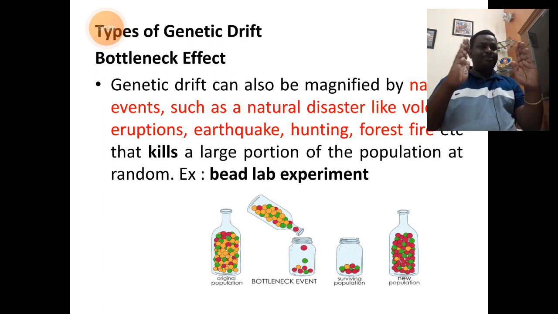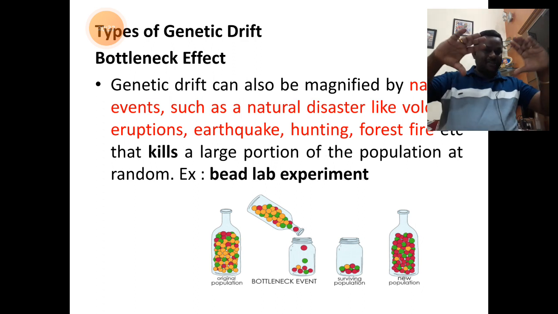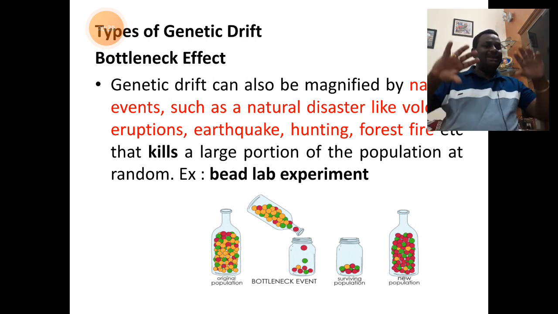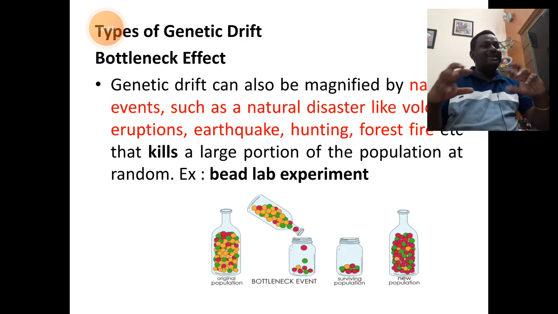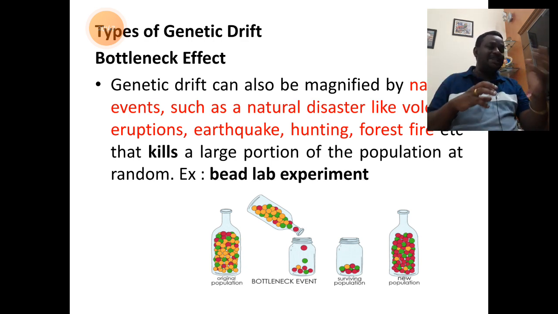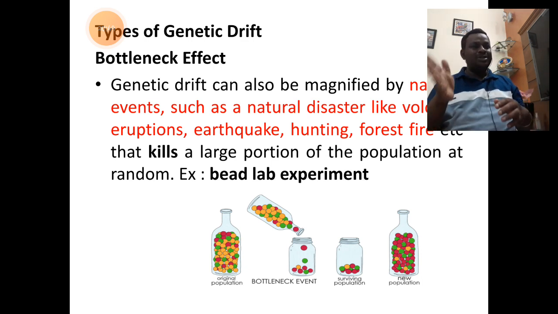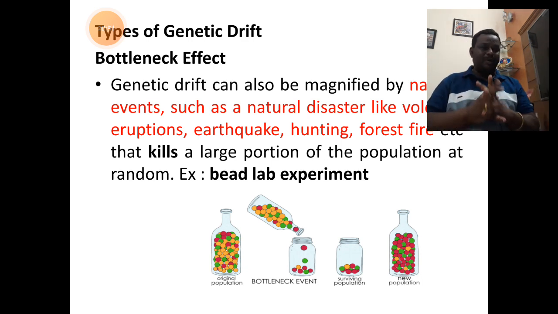So now you compare both the extremities of bottles which are filled with the balls. There is a color change for the balls, and this is how the allelic frequency will totally change between the original population and the current population.